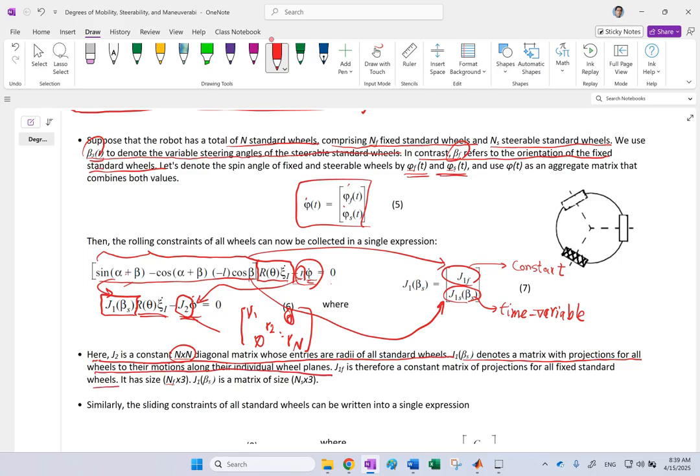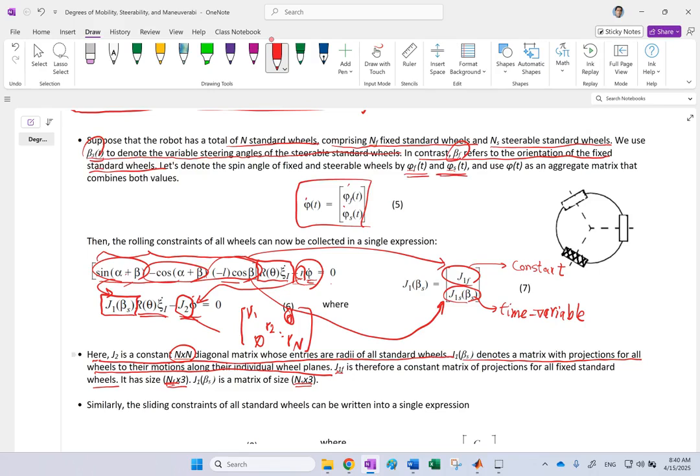And the dimension is basically, J1F is NF by 3, and J1 of beta S is NS by 3, because you see in each row there are 3 components. So if you have NF fixed wheels and NS steerable wheels, those submatrices are going to be NF by 3 and NS by 3.